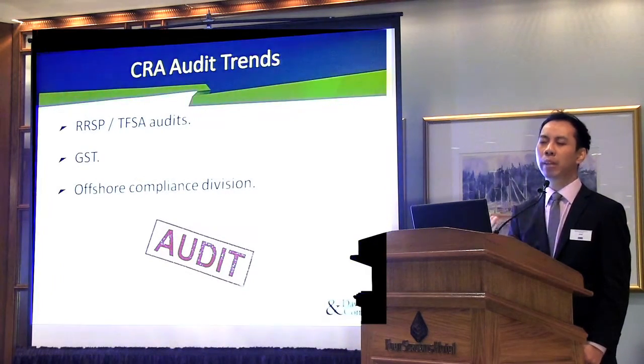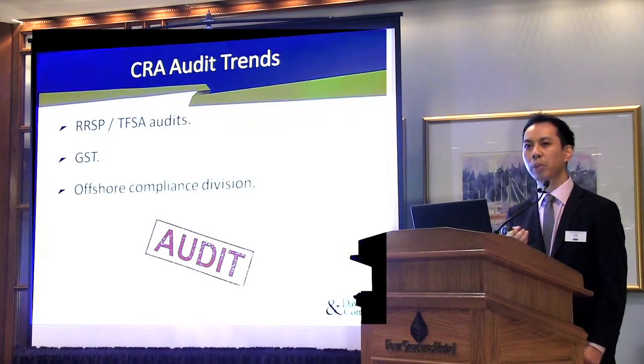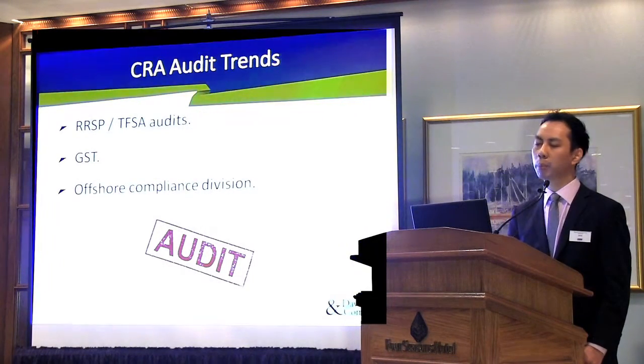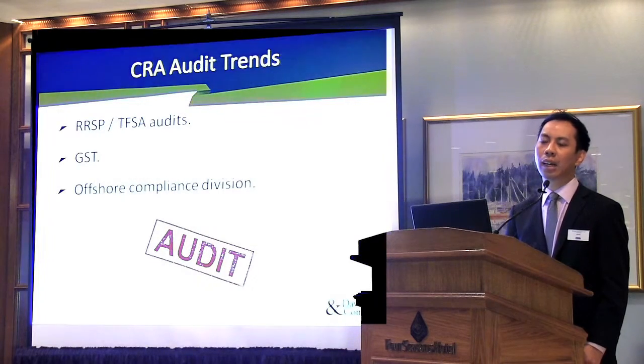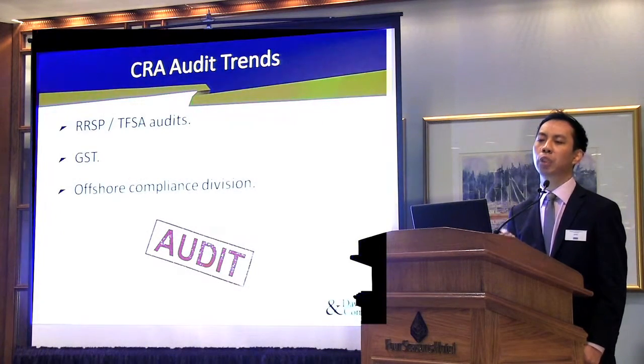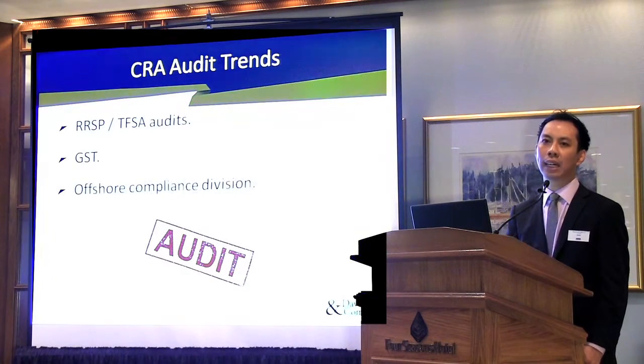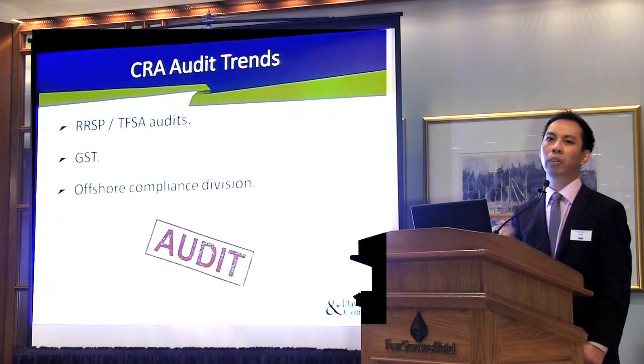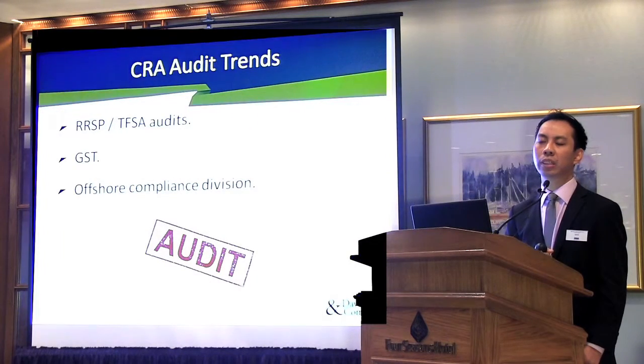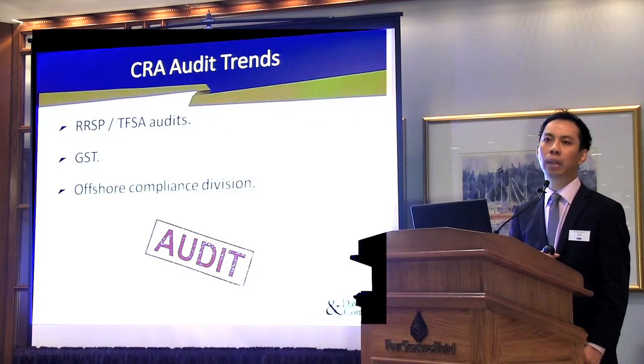And when I say prohibited investments, for most people that keep publicly traded securities in there, for the most part, they're not going to have an issue. But when you start holding private shares in your TFSA, that could potentially put you offside. If you have debt within your TFSA, that could put you offside as well.